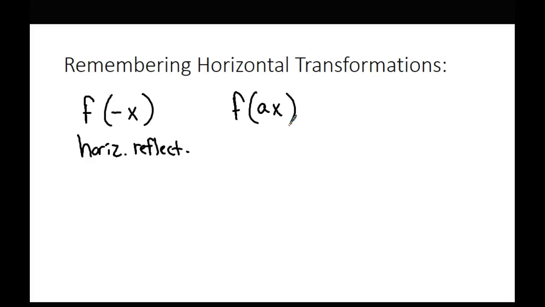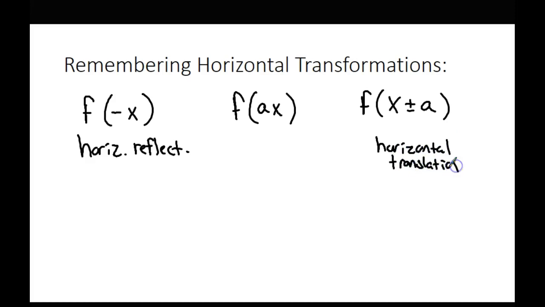Close. This is a horizontal translation. Let me write that now. So that's a horizontal translation. If you add or subtract a number, what that does is... I think I'm writing that backwards actually.